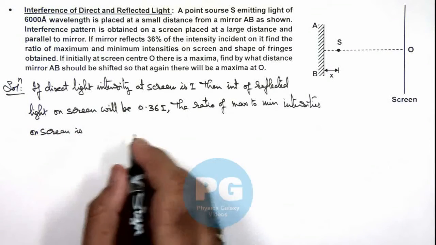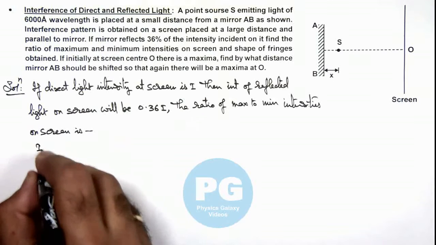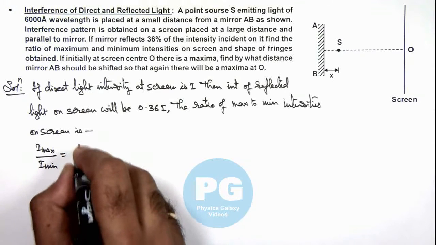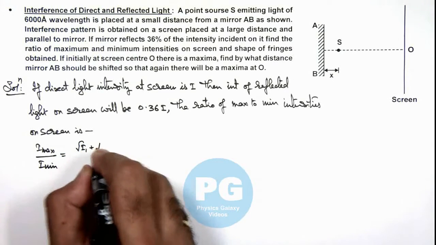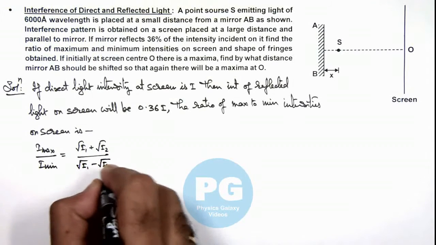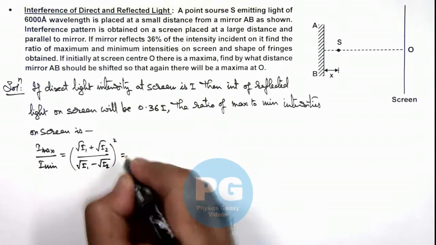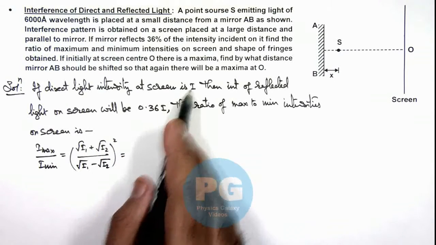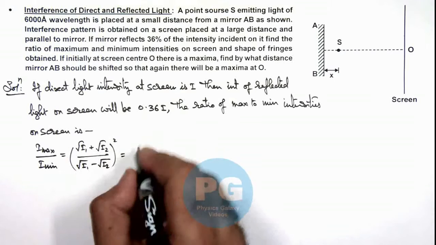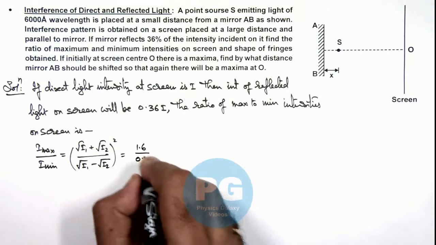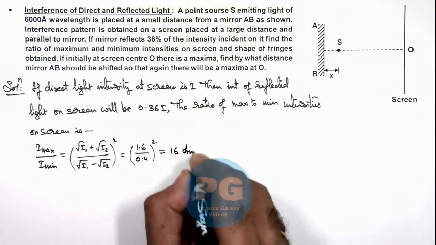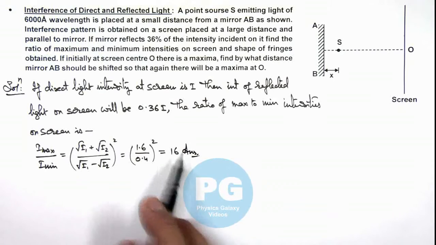This is the contrast ratio, given as I max by I min, and we already studied that its value is given as (root I1 plus root I2) upon (root I1 minus root I2) whole square. So in this situation, root I minus root 0.36 I is 0.6 root I. So this will be (1.6 divided by 0.4) whole square, and the numerical value is 16. That is the result of this problem for the contrast ratio on a screen.